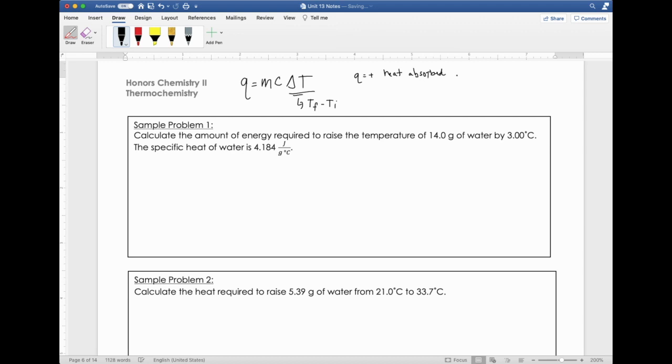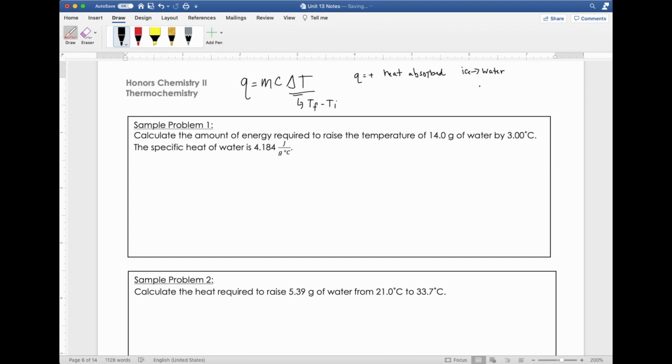A great example of a process that would have a positive Q value is if I am melting ice. If I'm going from ice to water as that process is melting, we have to input energy to that system in order to get ice to melt. So in that case, Q is going to be positive. That would be an example of an endothermic reaction.